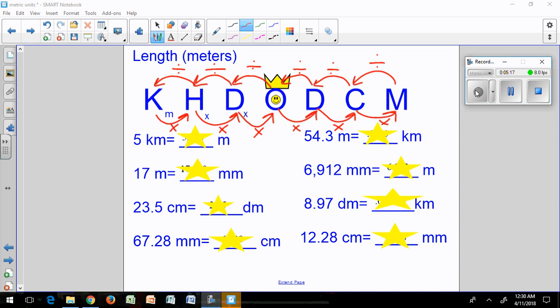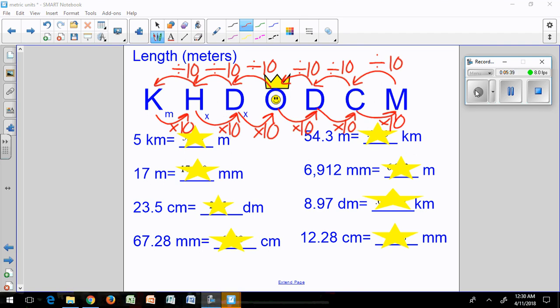But here's the easy part. No matter what, whether we're dividing or multiplying, every jump is just by 10. There's nothing crazy to remember.